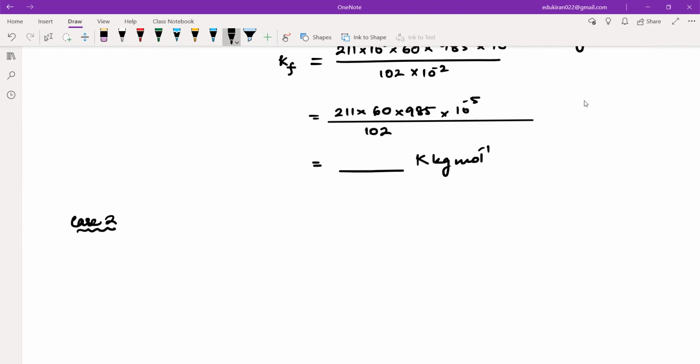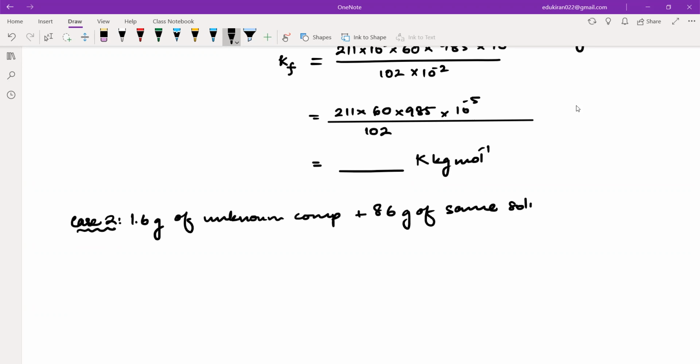Okay, in the second experiment, what is happening? Sarah, can you please read that line out? 1.6 gram of unknown compound when dissolved in 86 grams of the same solvent.